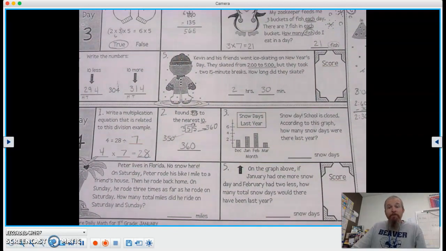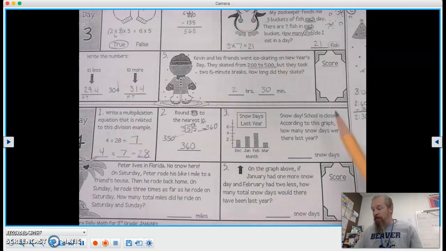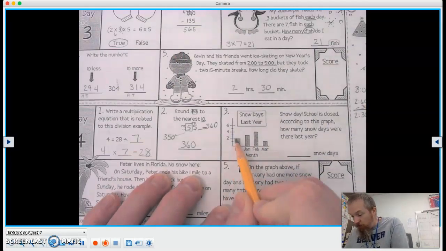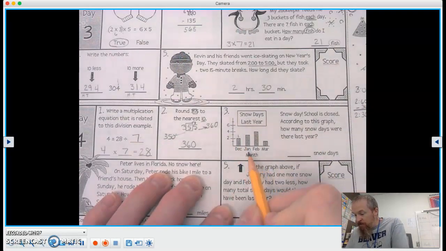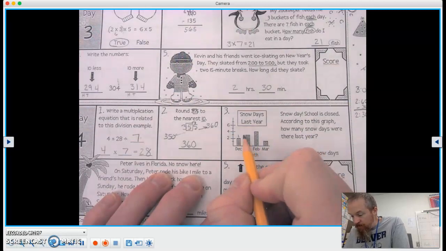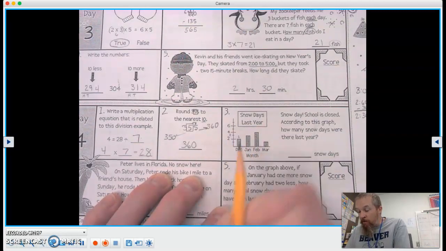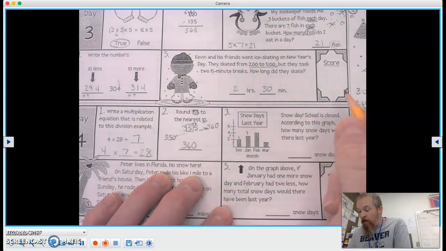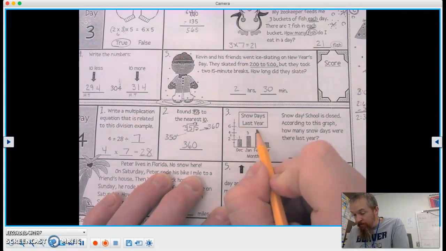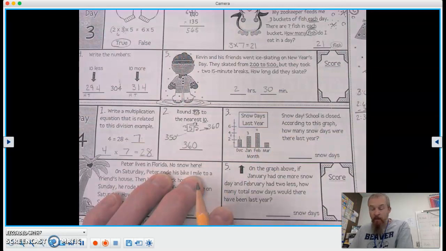Okay, number 3, snow days last fall. Snow days! School is closed. According to this graph, how many snow days were there last year? So in December, there were 2. January, now this is halfway between 2 and 4, so that little mark is a 3, right? And February is on the 4, okay?